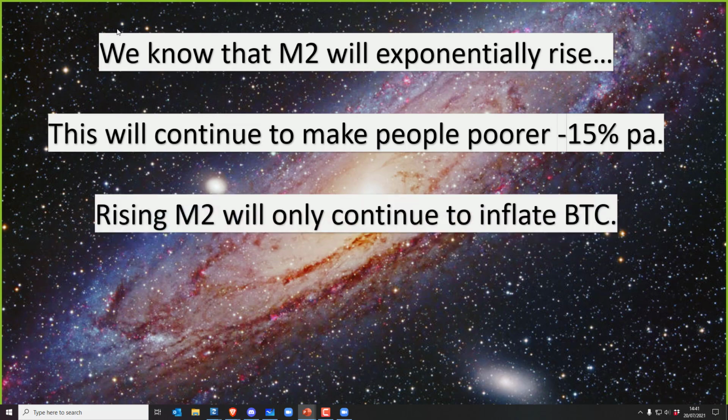Rising M2 will only continue to inflate Bitcoin. So the more the central banks push the currencies, guess what? It's just going to give Bitcoin a higher high. Bitcoin is simply a massive bouncy castle, but it will expand. And so the big blower that inflates Bitcoin are the central banks.